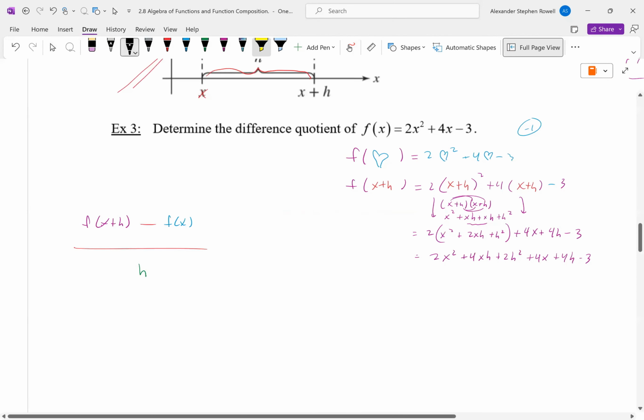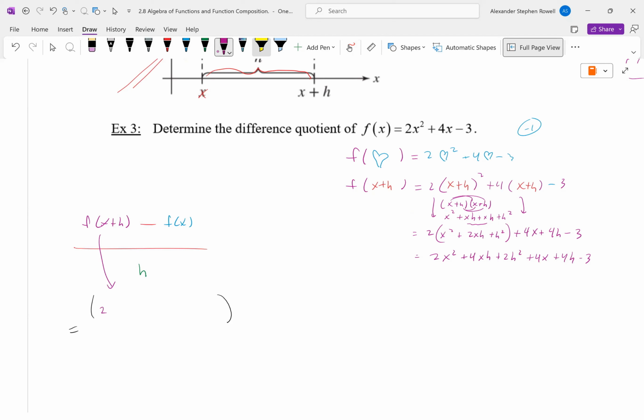So I'm just going to plug that in for f of x plus h: 2x squared plus 4xh plus 2h squared plus 4x plus 4h minus 3. And we subtract, what's f of x?